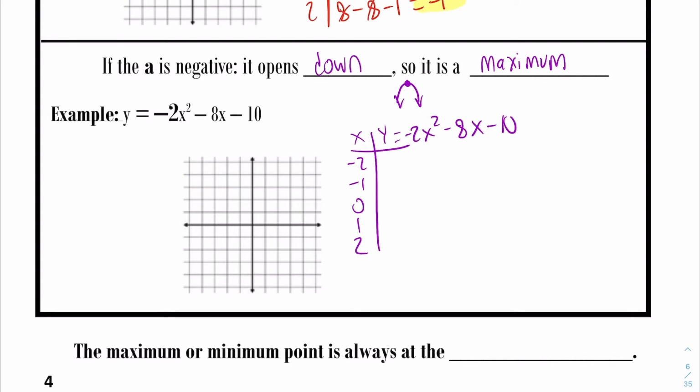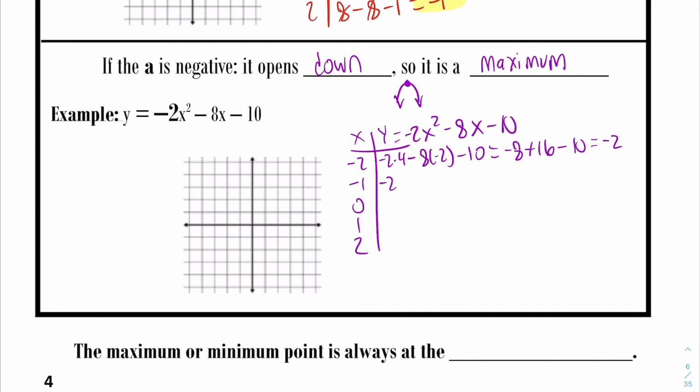Negative 2 times negative 2 squared. Negative 2 squared becomes a 4, minus 8 times negative 2, which makes a 16, minus 10. So I have negative 8 plus 16 minus 10, which equals negative 2 in total.